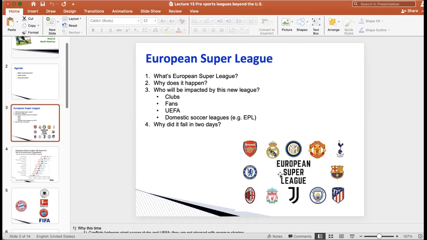So how will this competition impact all the other stakeholders? Let's look at how it impacts the clubs. Of course, those 20 teams who are planning to be part of the European Super League would generate a lot of revenues from soccer. Because they have a brand new competition, they will be able to negotiate broadcasting rights by themselves. They don't have to negotiate through UEFA.